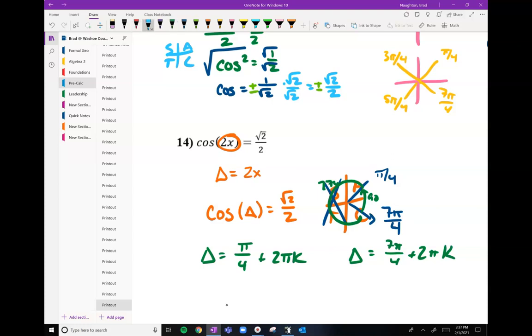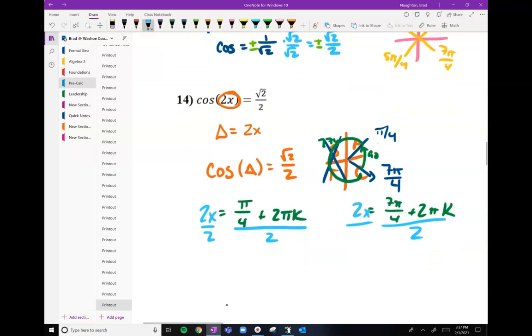So delta is 2x, and we're going to divide everything by 2. So I'm going to get x is equal to pi over 8 plus pi k. And then over here, we're going to get x is equal to 7 pi over 8 plus pi k.